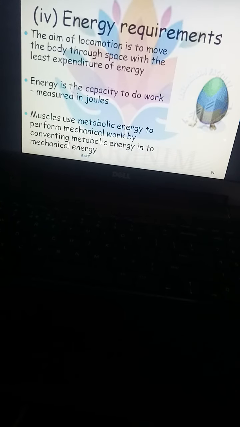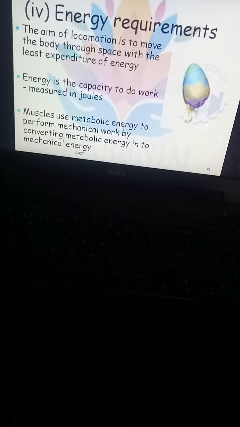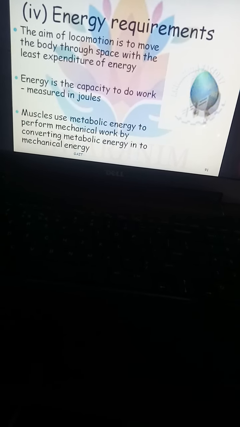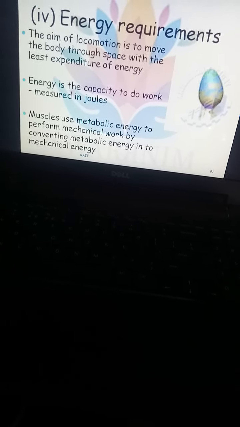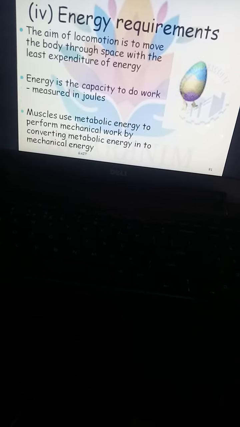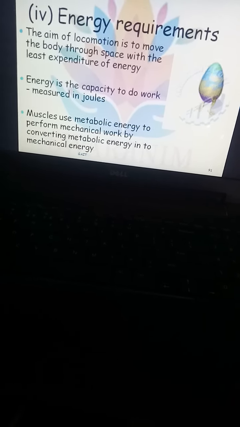Locomotion means the movement of the body from one place to another with the least expenditure of energy, meaning the amount of energy used during locomotion should be small.